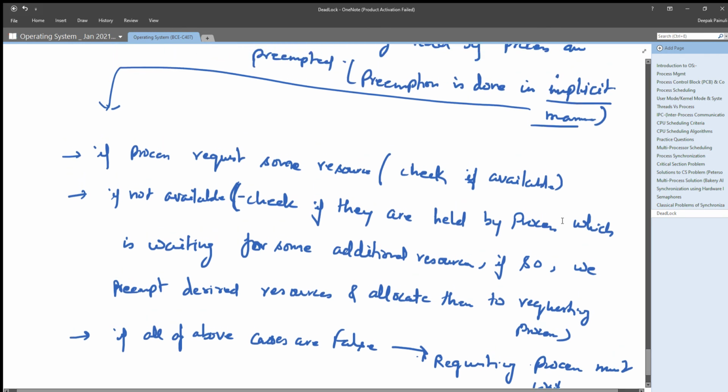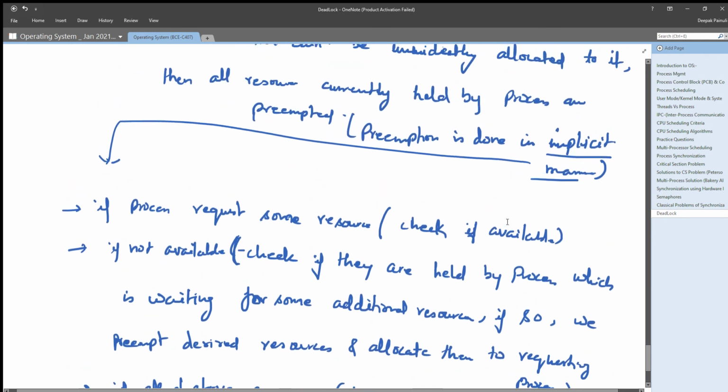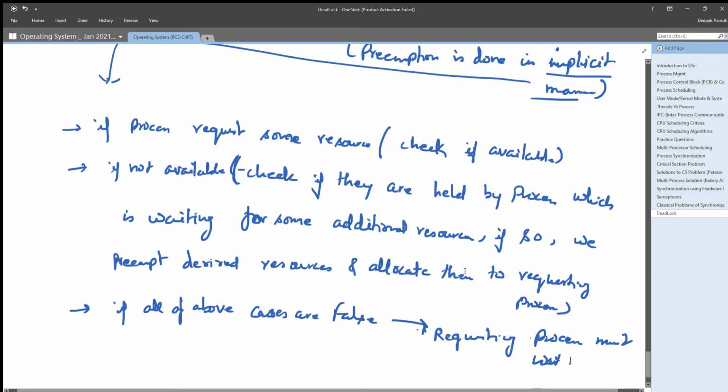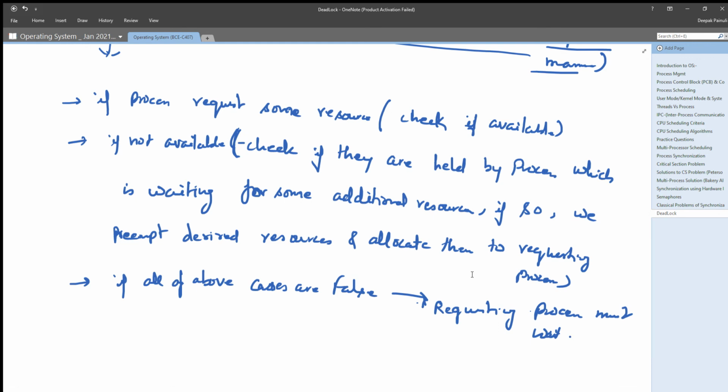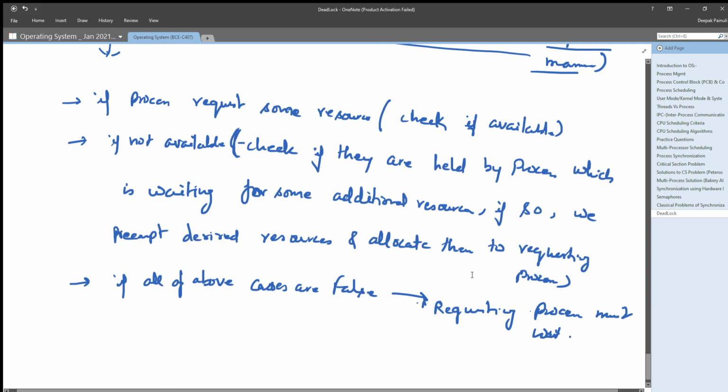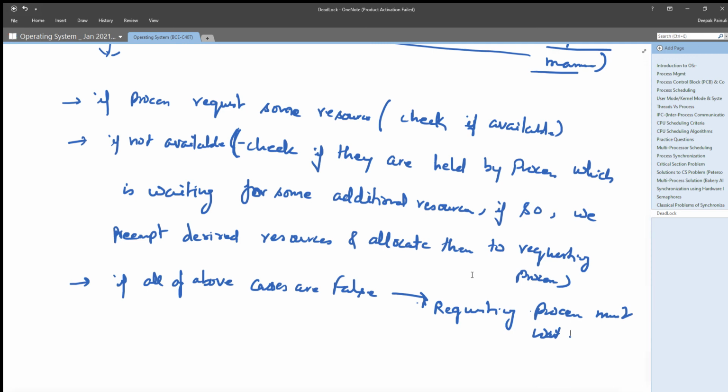So once we get the demand from any process, and if those resources are held by any other process which is also waiting for other resources held by some other process, then we can simply preempt the desired resources, or we can forcefully preempt that process to release those resources, and once they have been released, we will allocate them to the requesting process.